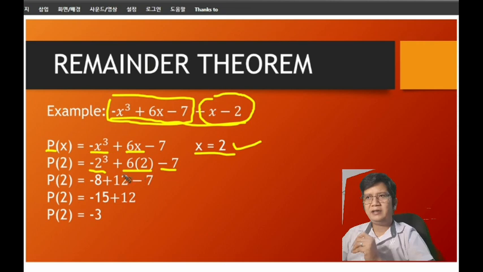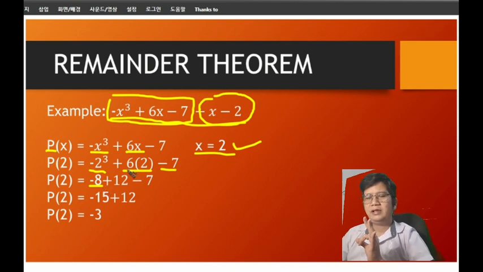So by simplifying the part of the equations that we have here, ang ating negative 2 raised to 3 ay kung aalisin muna natin yung negative sign, this will be 2 times 2 times 2. So we have here is equivalent to 8. And isama natin ang negative sign. So ibig sabihin negative 8 ang ating first term.